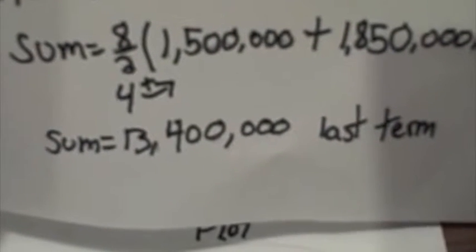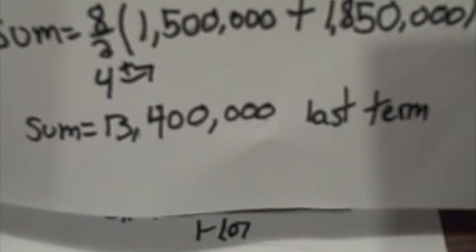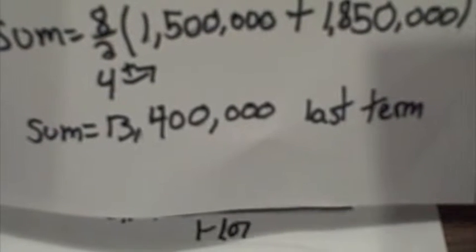So in conclusion, the one with the most money is the one that's $1,500,000 with an annual increase of $50,000.